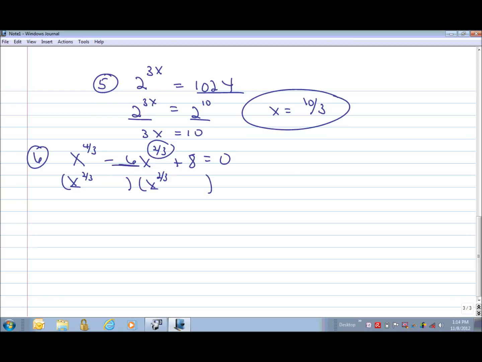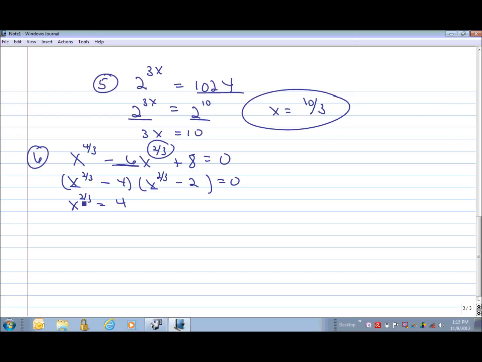Now, I need to look at negative 6 is what I'm really focusing on, because my 2 thirds is already there. I need to multiply to 8 and add to negative 6. I believe I can do that with negative 4 and negative 2. And now we just get to solve both for 0. So I'd move the 4 over, and I would have x to the 2 thirds equal positive 4.